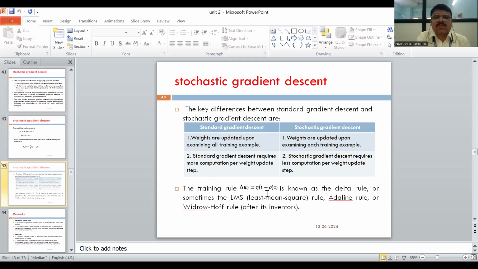Here in stochastic gradient descent, weights are updated upon examining each training example. Second, standard gradient descent requires more computation for each weight update, but stochastic gradient descent requires less computation for each weight update.